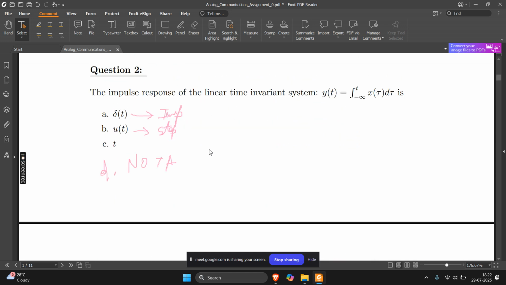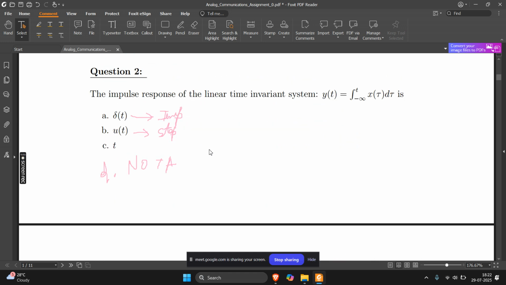So, what is happening is, this is the impulse response.